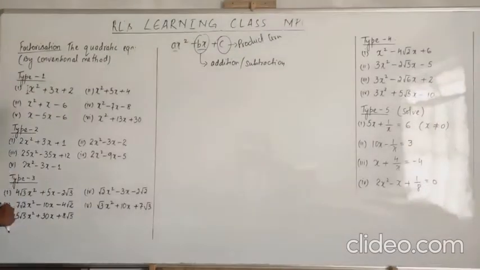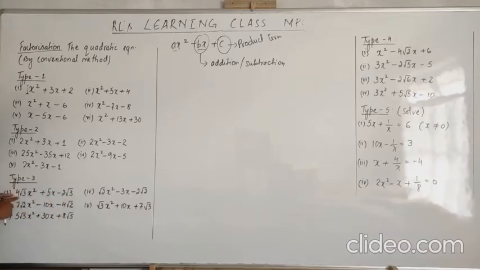In type 1 there is no number at the first term, only variables. The number is there, that is 1, but we don't write it. Then in type 2 there is some number, 2, or you can put 3, 4, 5, whatever number it is. Then in type 3, what is the difference? There are some roots in the first term and the last term.